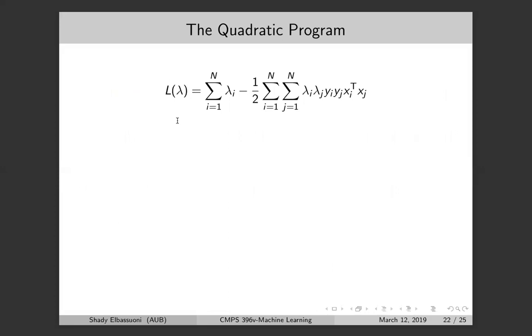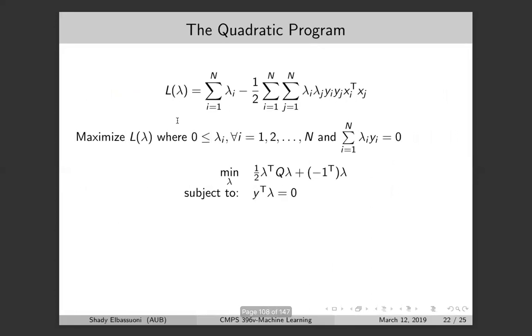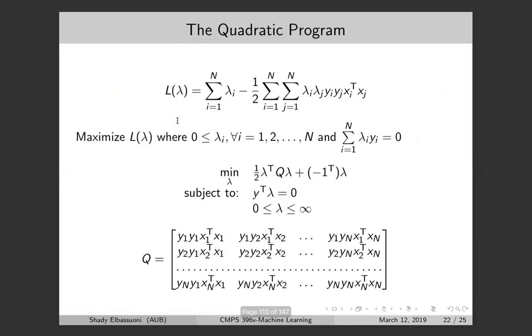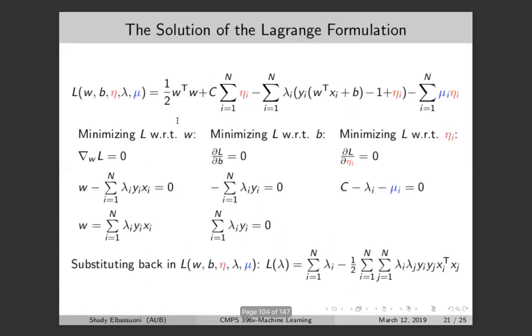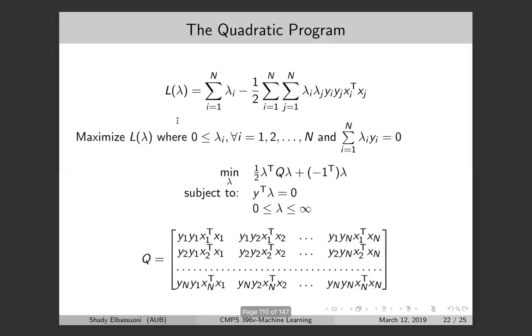Yeah. Okay, so the quadratic program, again, I solved this. The only difference now is that lambda I is less than or equal to C rather than infinity. Why is that?